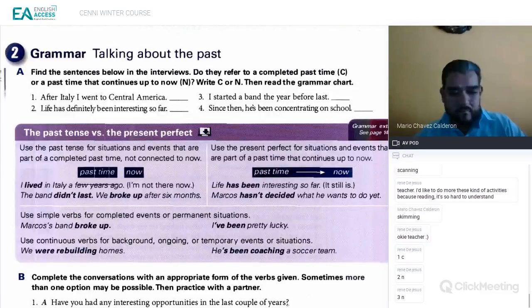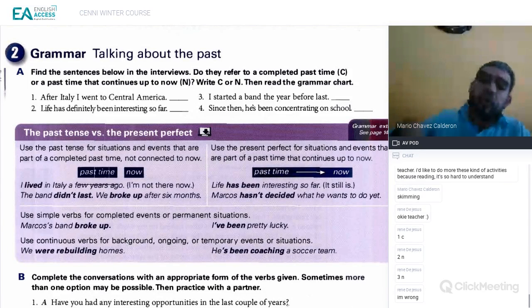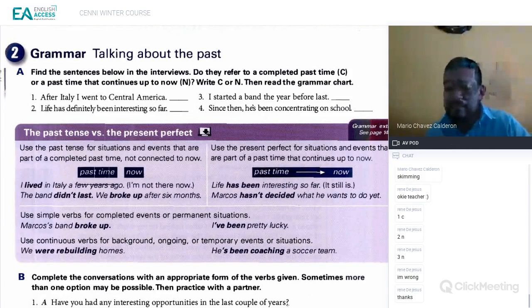No. Number three is C, complete, because he started the band. He started, it's over. The band is going, but started is something completed. Since then, he's been concentrating in school.